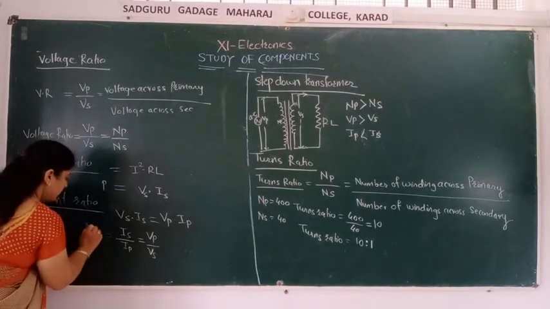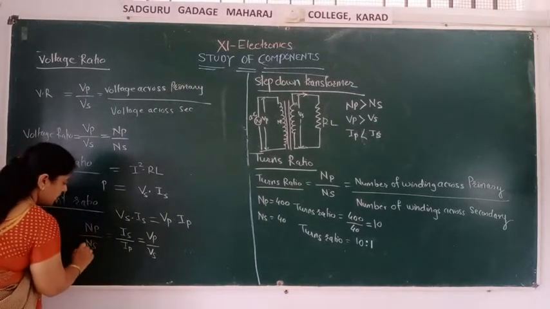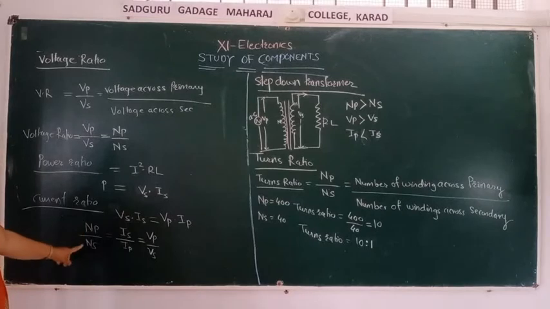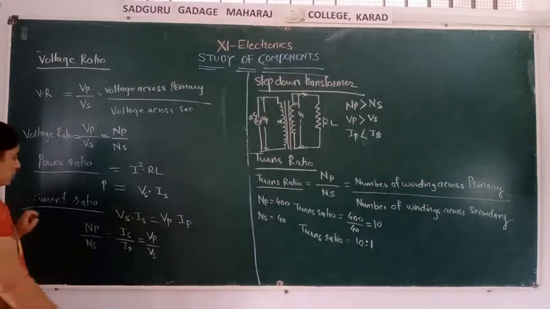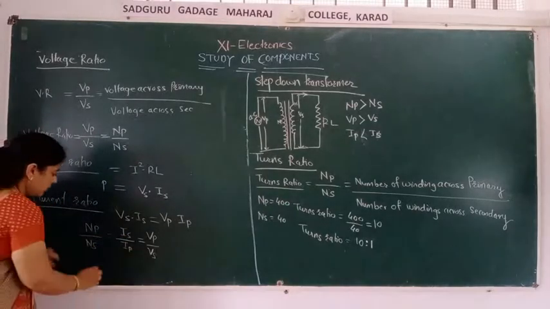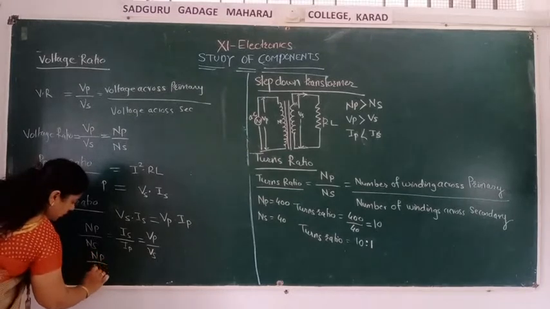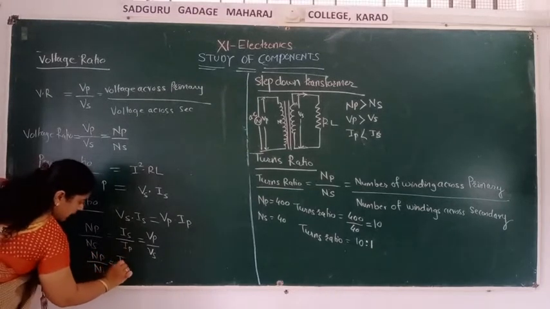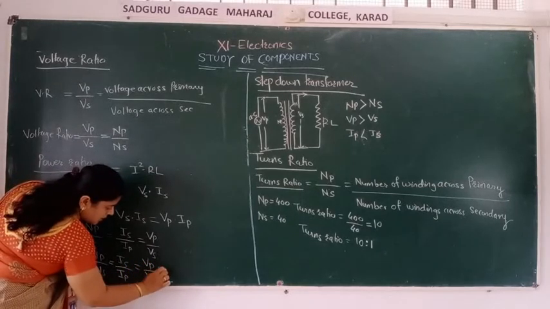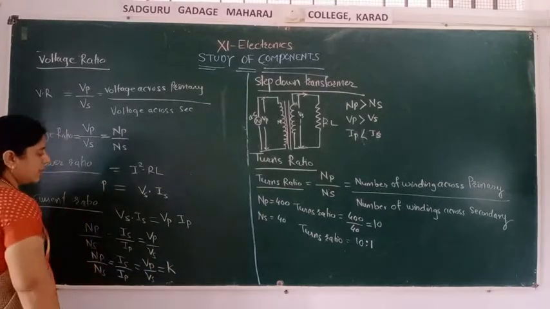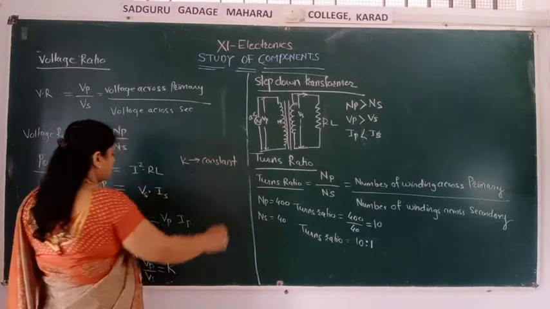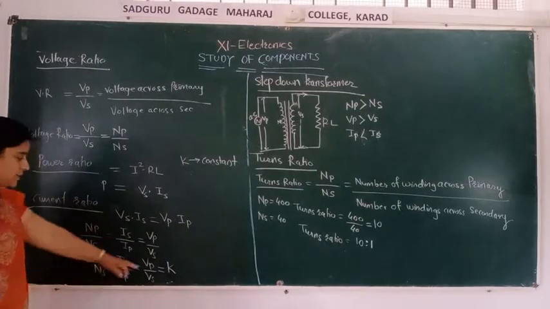The number of turns of the primary upon the number of turns of the secondary: Np upon Ns is equal to Is upon Ip, which is equal to Vp upon Vs, equal to K, where K is constant.